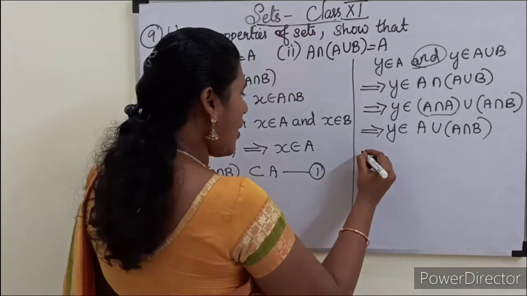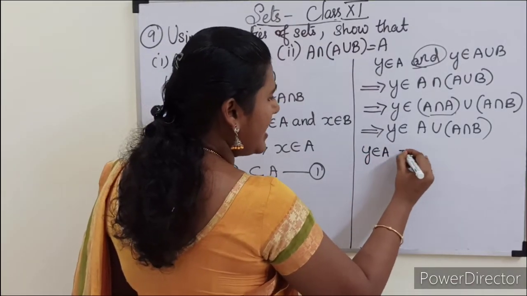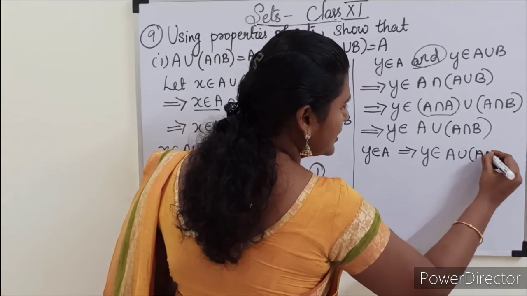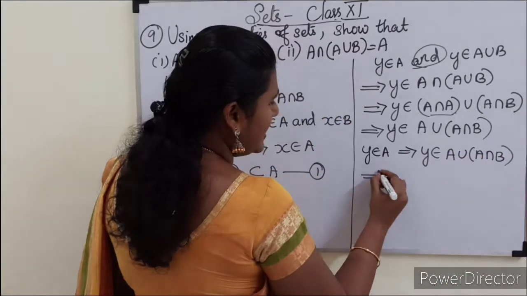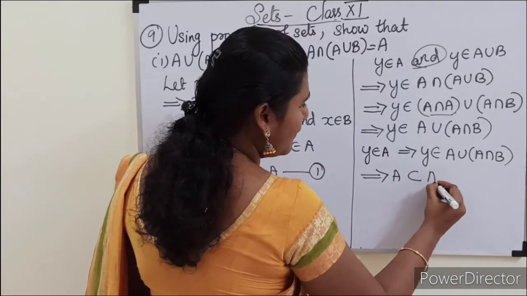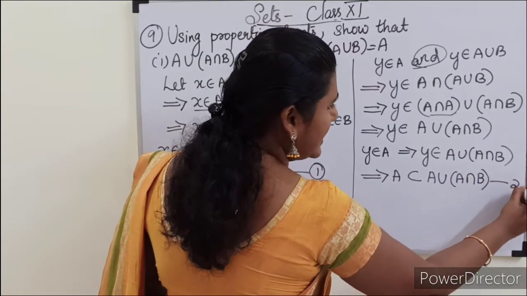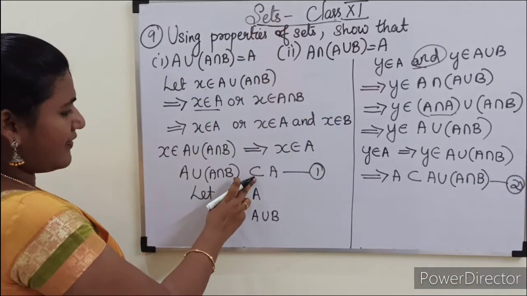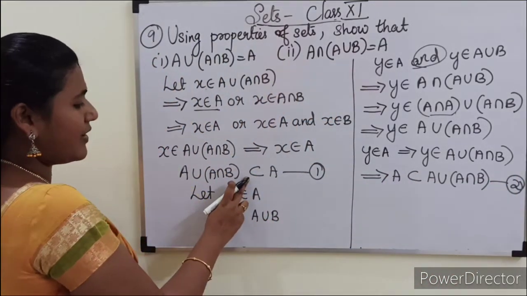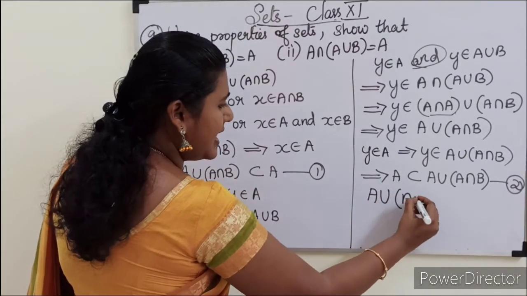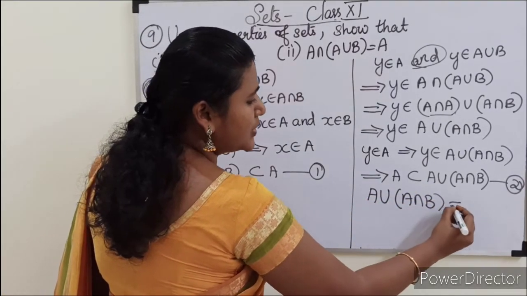So we can write A is a subset of A union (A intersection B). So this is the second equation. Now you see here first equation and second equation. From first and second we can write A union (A intersection B) is equal to A.